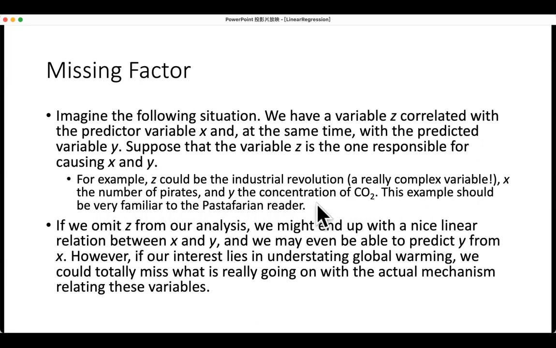This example should be very familiar to Pastafarian readers. Pastafarian is a TV series for kids. It's not available in Asia, I think. But you guys know, for example, in Chinese, 幼幼台, or 小虎, right?